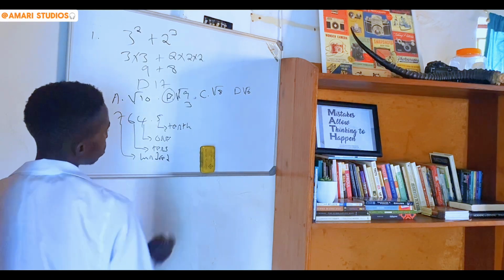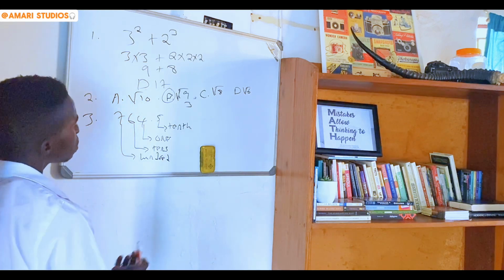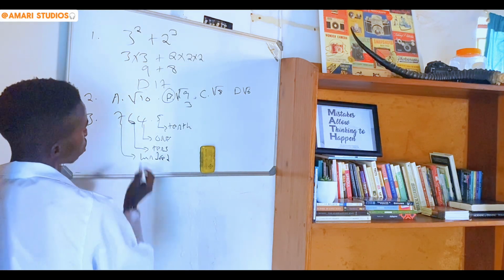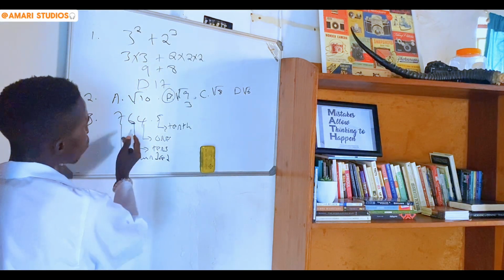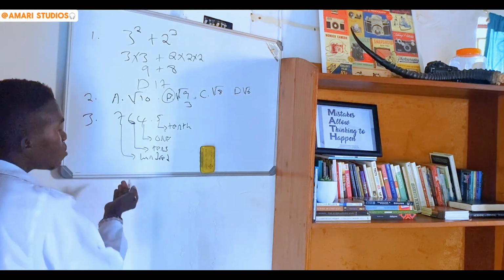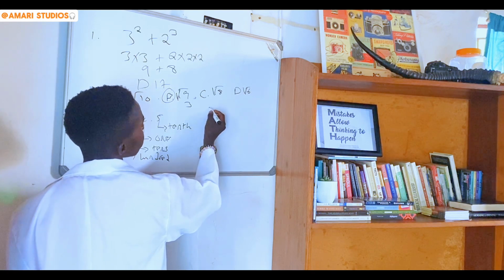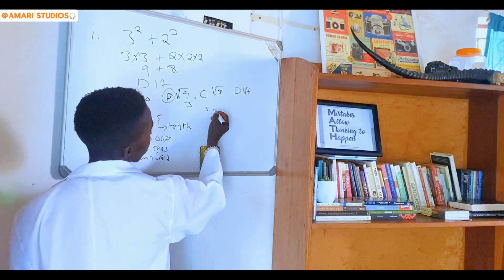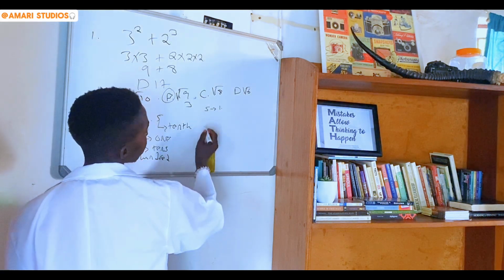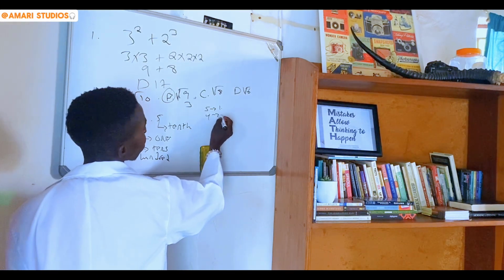So now the question is saying round it off to the nearest ten. So the number that is representing 10 here is actually 6. So now what you're going to do when you round off this number, you're going to round it off to 1. Remember, when you are rounding off numbers, any number that is greater than or equal to 5 can actually be rounded off to 1, and then any number that is less than 5 can actually be rounded off to what?